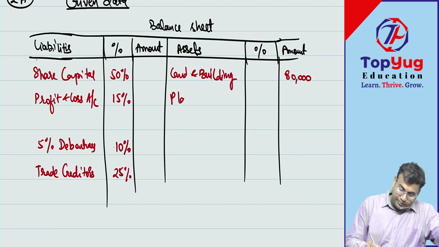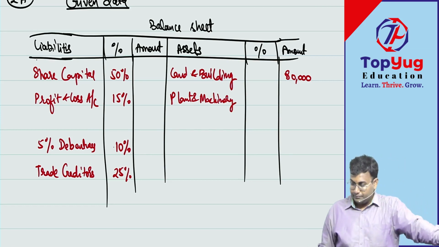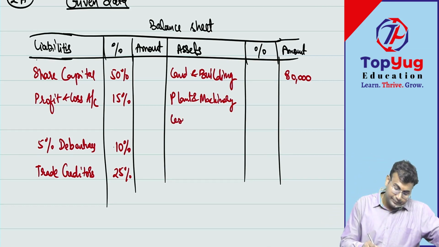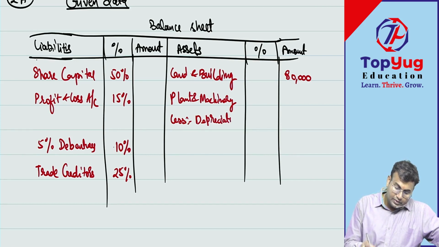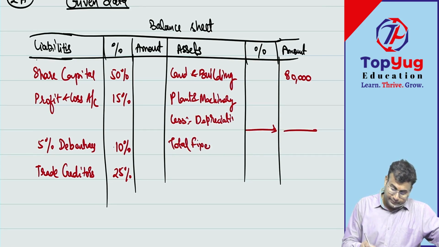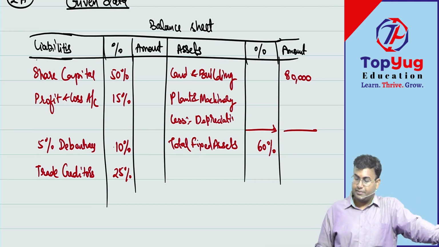Then there is plant and machinery. Obviously there are some additions, and you get less depreciation. You get some number, you will put it here, then you will get total fixed assets. Is it given as 60%? Question mentioned, is it 60%?